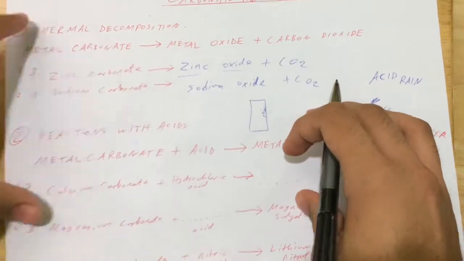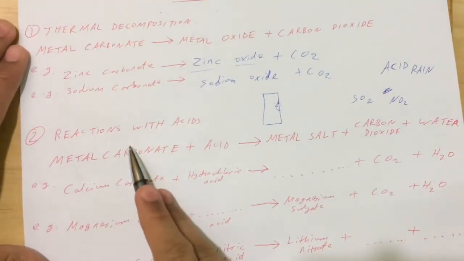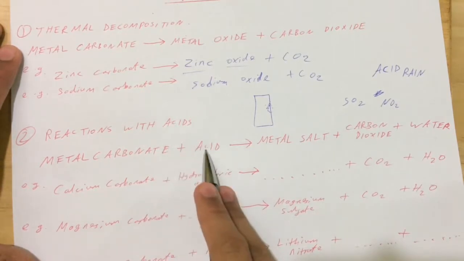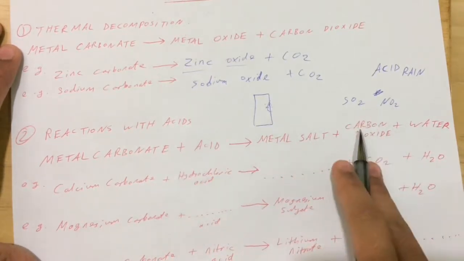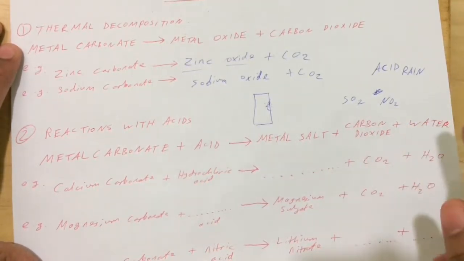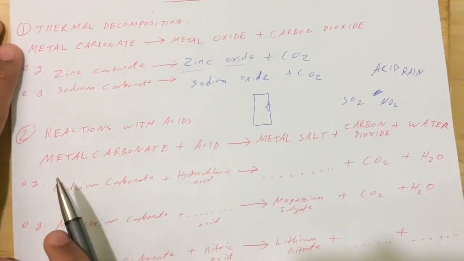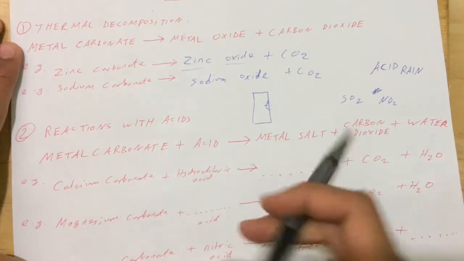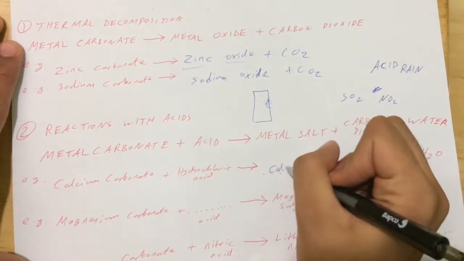So the general equation for reactions with acids is: metal carbonate reacts with an acid to give you a metal salt, carbon dioxide and water. You need to learn this. So, for example, calcium carbonate reacts with hydrochloric acid to give you calcium chloride.